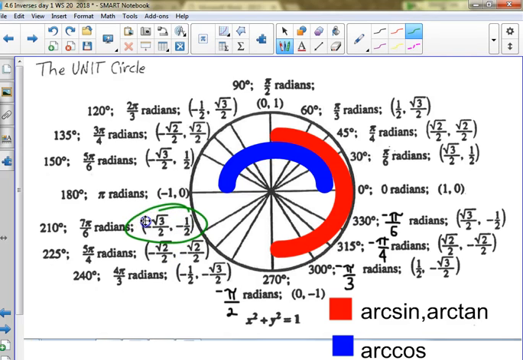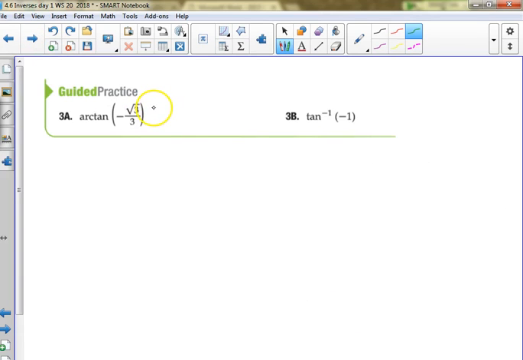Y over x, which is square root of 3 over 3, yes? Okay, guys. Tangent here. The same value over the same value could be 1. Tangent here, y over x. They're both negative, so it would just be square root of 3, okay? All right, I just wanted to practice that because now this is the question.